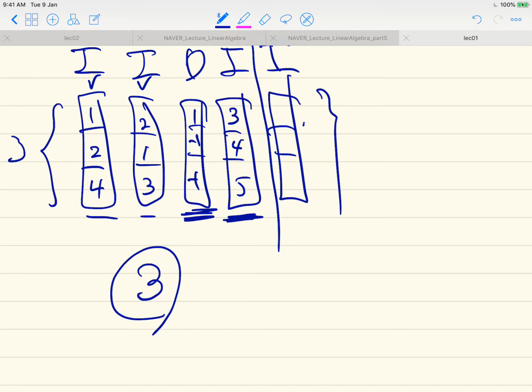And so, once we find 3 linearly independent vectors in 3-dimensional space, it means the span of these 3 linearly independent vectors will entirely cover the whole 3-dimensional space, right?